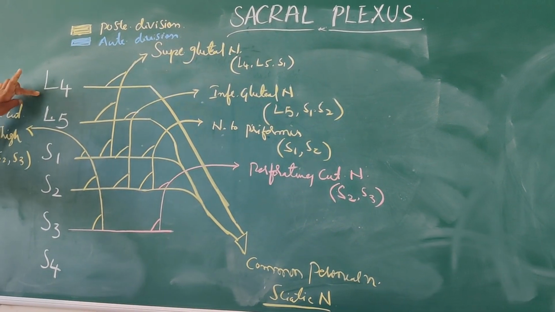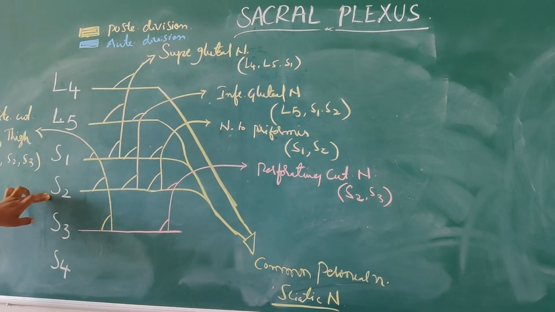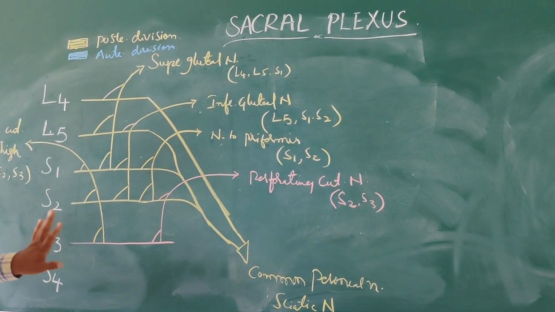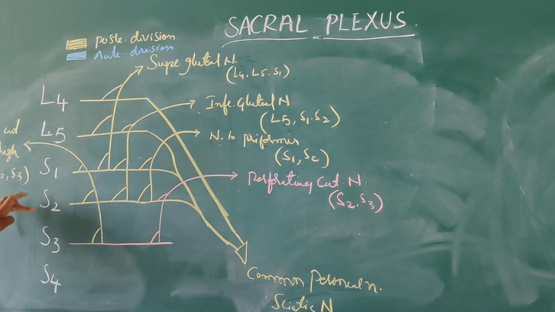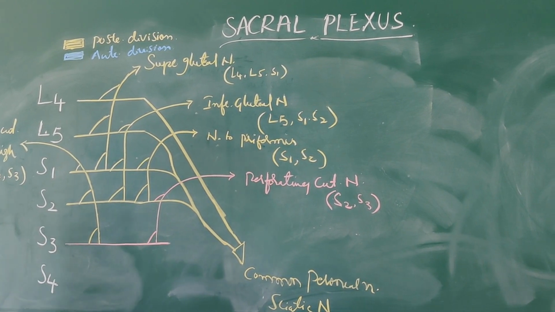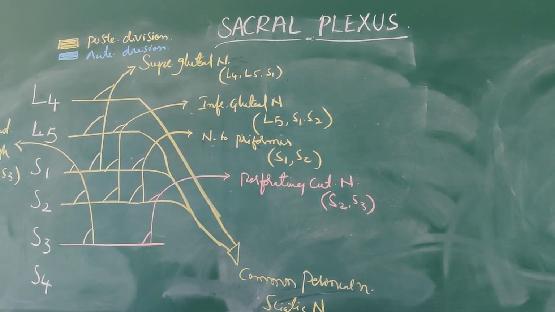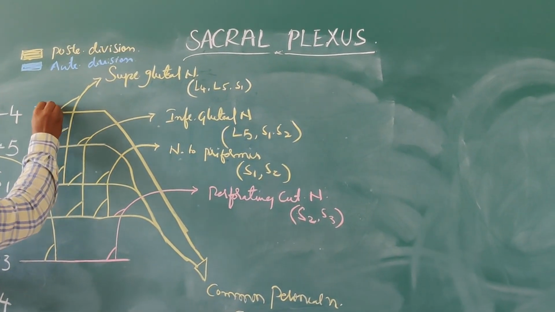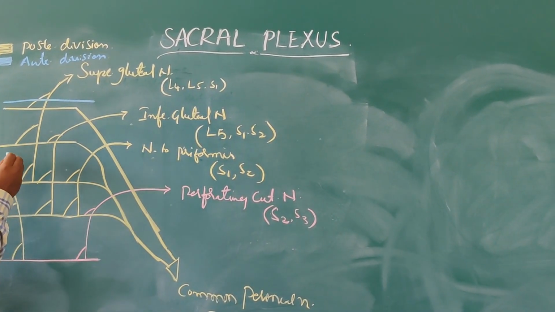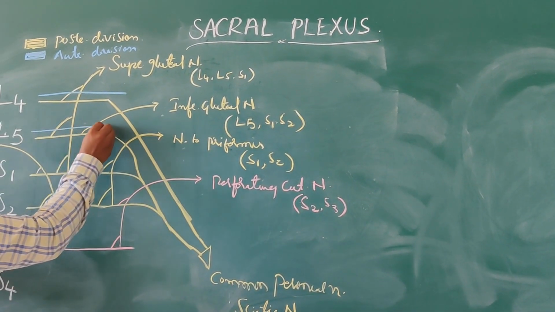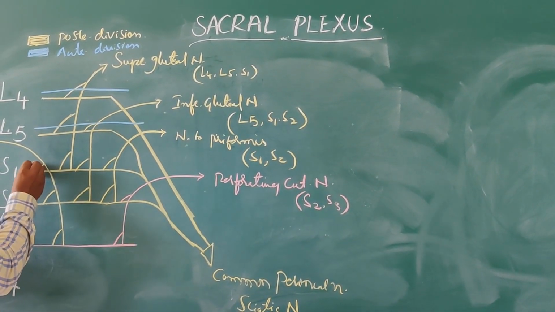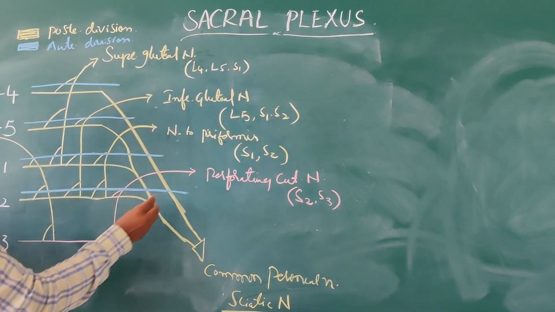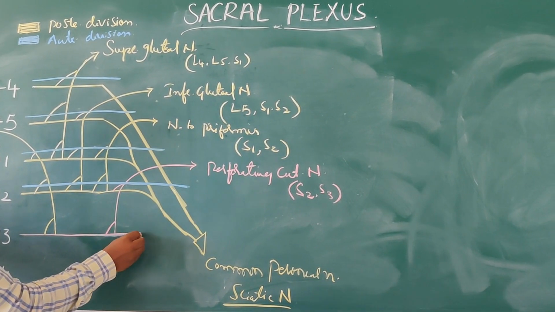So the anterior divisions of L4, L5, S1, S2 and S3, which do not divide into anterior and posterior divisions, unite to form the tibial part of the sciatic nerve.